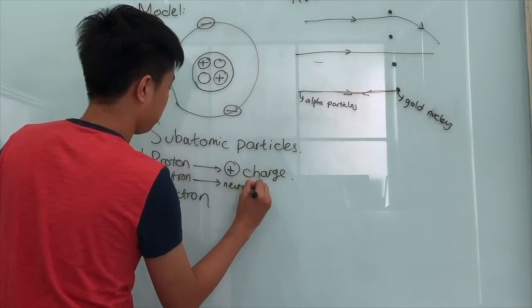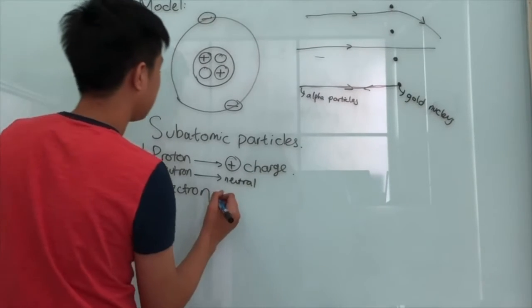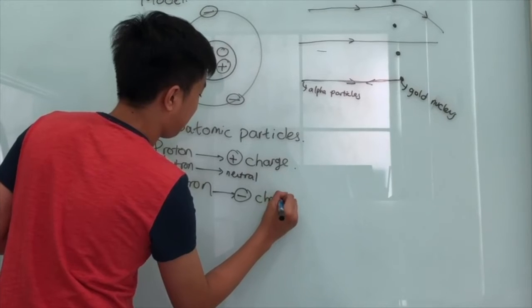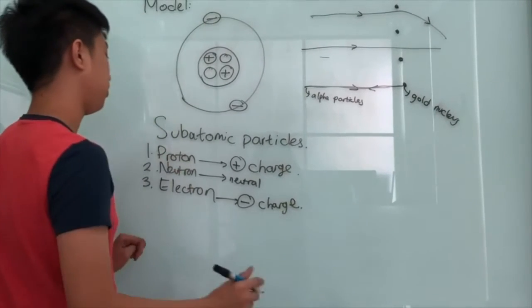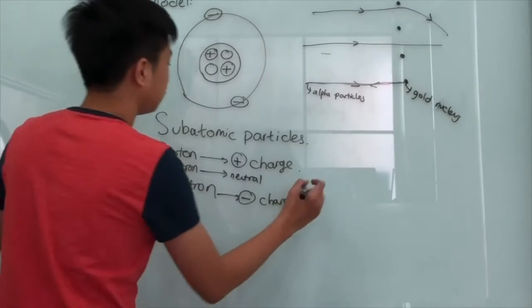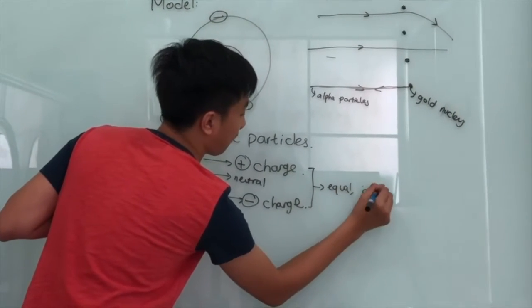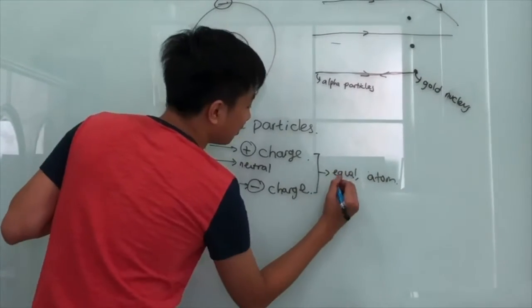Neutrons are neutrally charged, and electrons are negatively charged. The number of protons and electrons are equal in an atom.